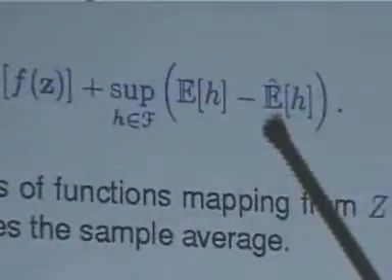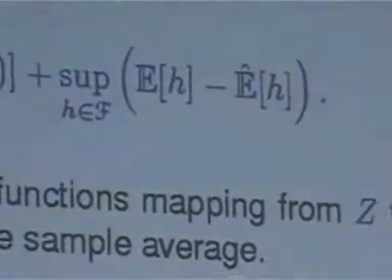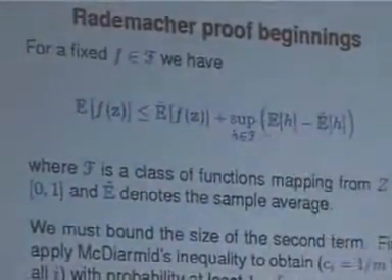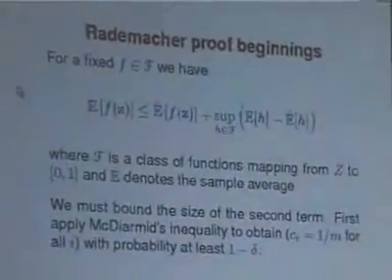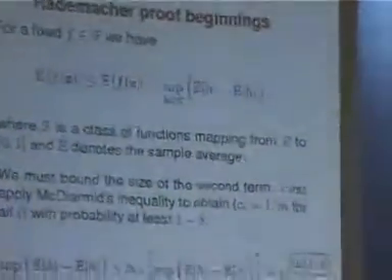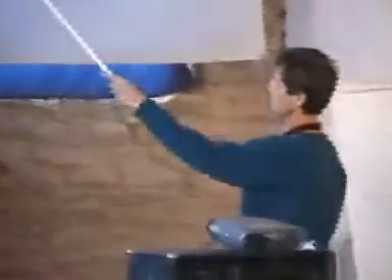It doesn't affect this part, because this is the empirical estimate. So applying McDiarmid involves estimating how much this can change. So this is our function f that we're looking at in the McDiarmid theorem, how much this can change if we substitute one example for another. But we're thinking of a fixed h. H doesn't depend on s. It's the sup over h here.